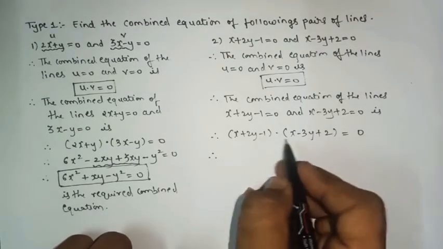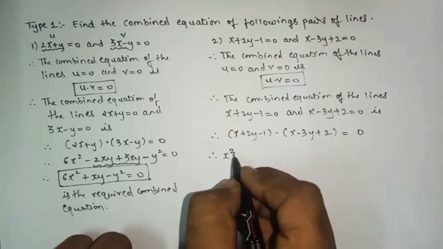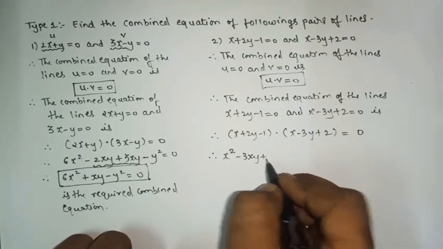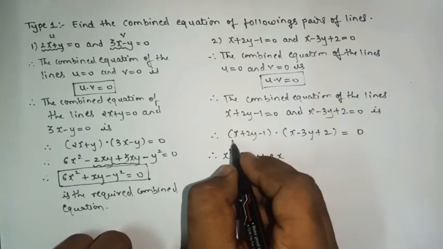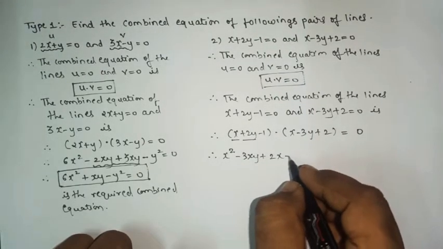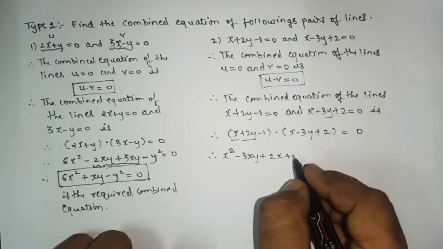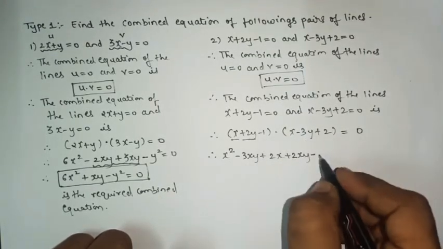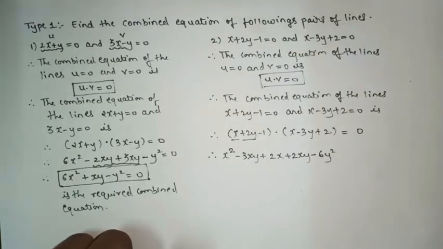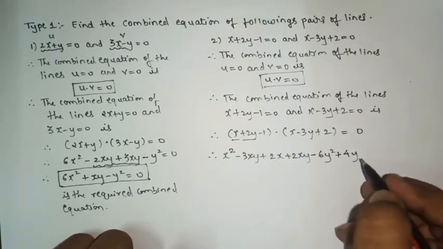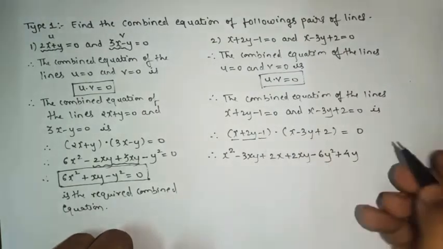So what will we get? x into x, x square, this will be minus 3xy plus 2x, done with x, now with plus 2y, so plus 2xy plus minus minus 6y square plus plus plus 4y, now with minus 1.